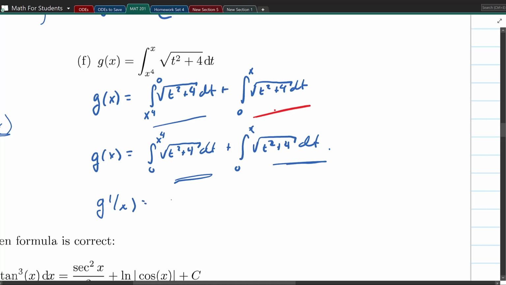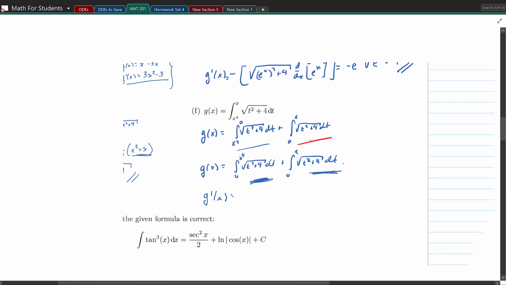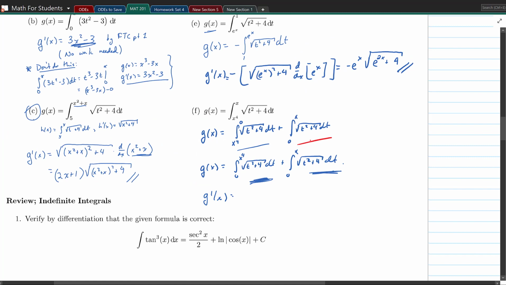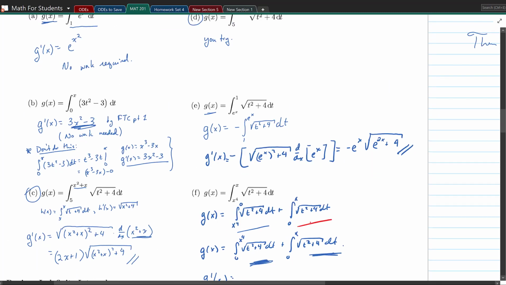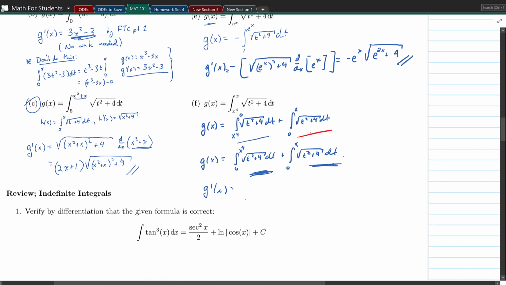So I'll let you finish that out. Let me just say that this first one here will require a chain rule, whereas this one will not. And if you're having any questions or concerns about that, look at what we did in C, look at what we did in E, and look at what you did in D. Putting all those pieces together, you should be able to see how to do this problem.